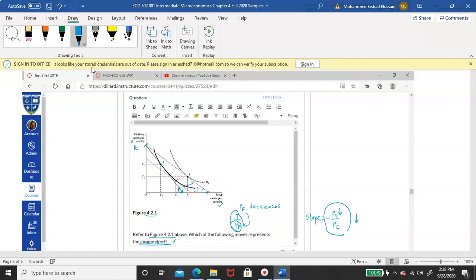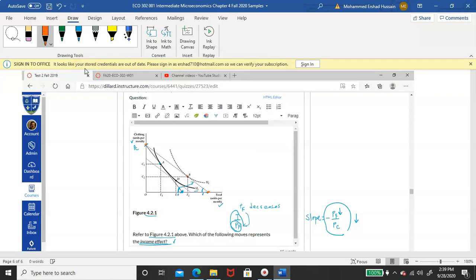Compare this one and this one, and you will see that this one is smaller. So that also tells us the price of food has decreased. And as a result, this is the new budget line, this one and this one.